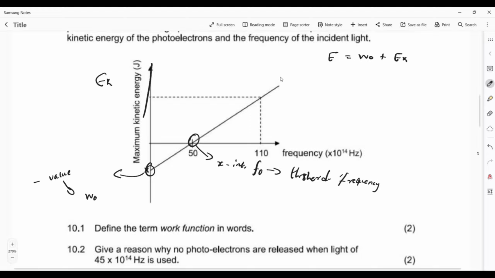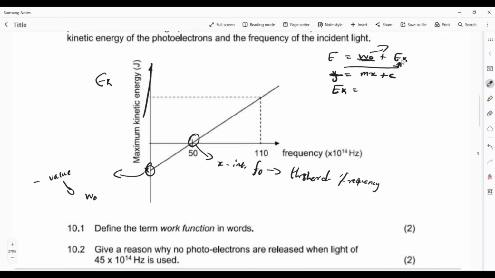According to the straight line formula, y is equal to mx plus c, and this y is my EK, so I'm going to write EK just like that. Then we also have the work function over here.